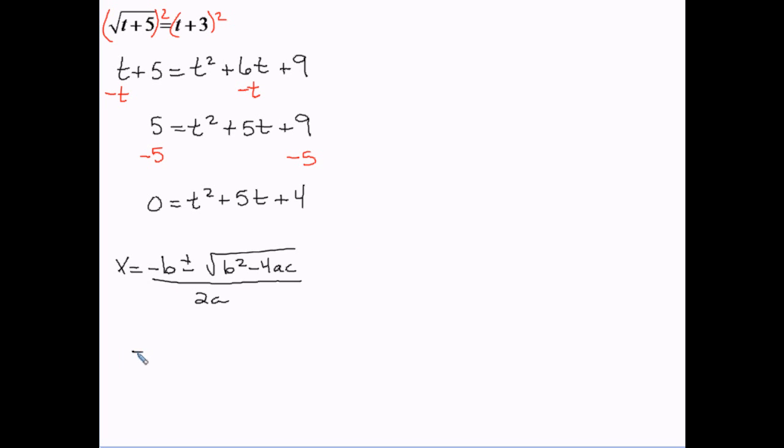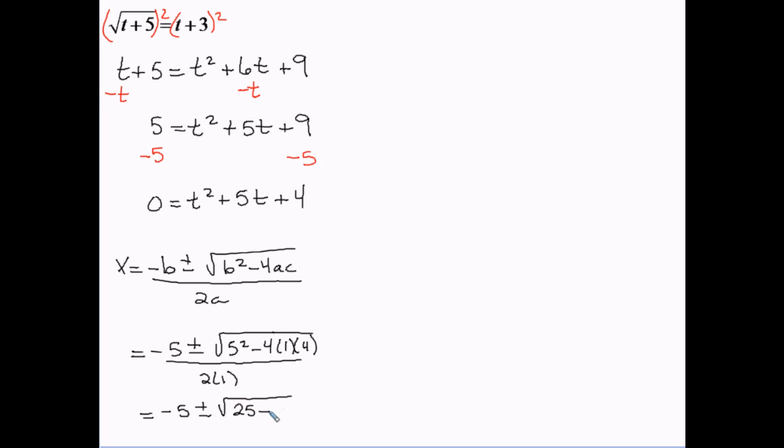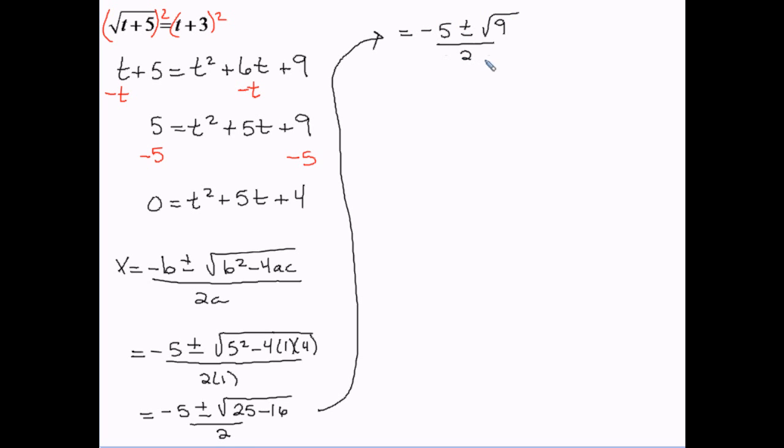So I have negative 5 plus or minus the square root of 5 squared minus 4 times 1 times 4 over 2 times 1, which gives me negative 5 plus or minus the square root of 25 minus 16 over 2, which gives me negative 5 plus or minus the square root of 9 over 2, negative 5 plus or minus 3 over 2.